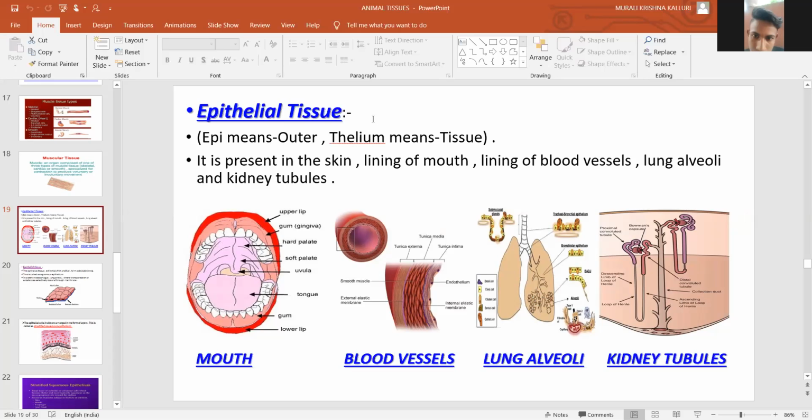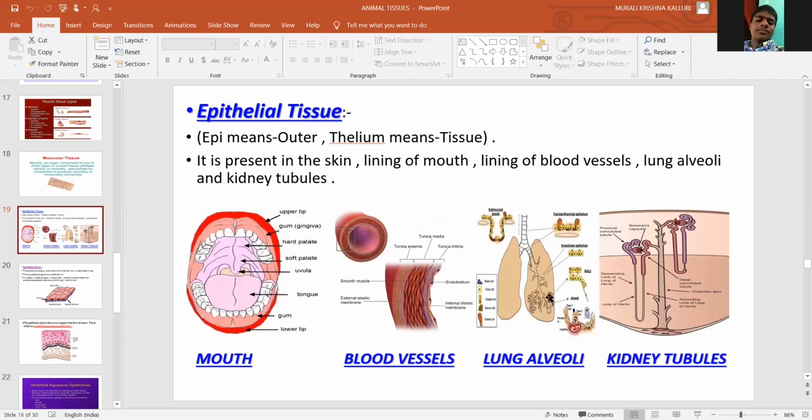Epi means outer and thelium means tissue. The epithelial tissue is present in skin, in lining of mouth, lining of blood vessels, and lining of alveoli.